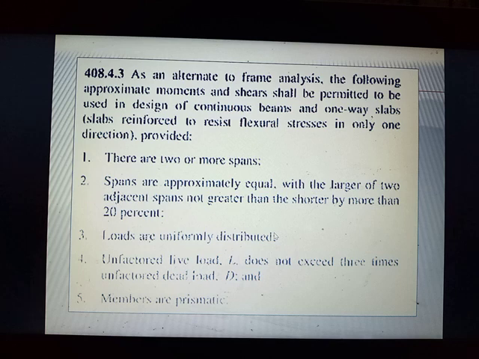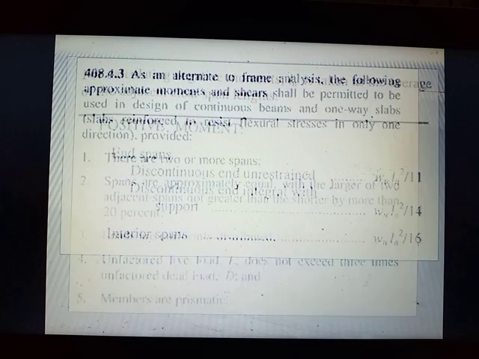It comes from the root word prism, so it can be discerned that it should be a rectangular type in its cross-sectional area. If that is the case, we can apply this method.